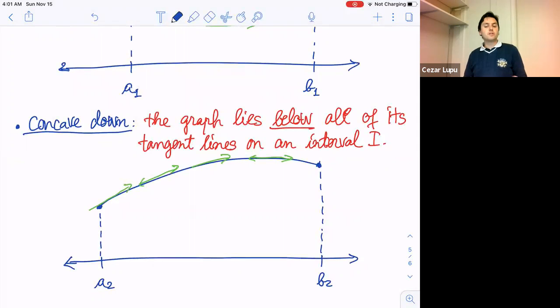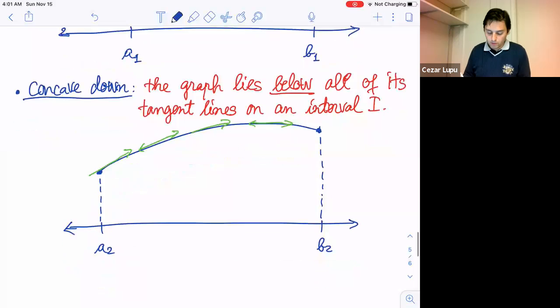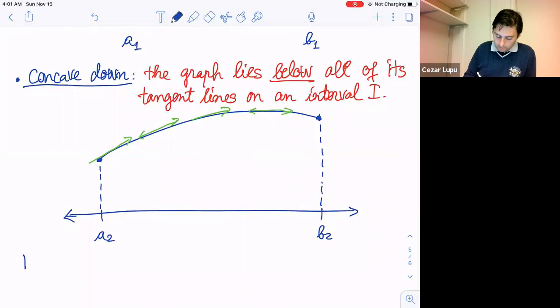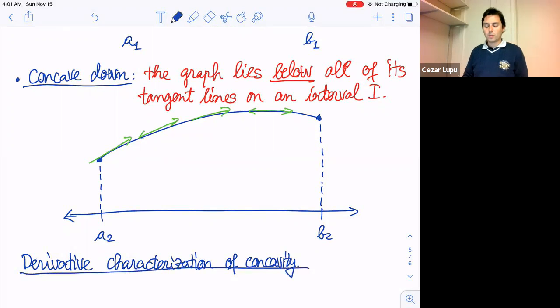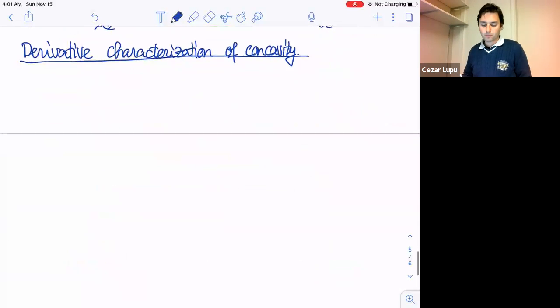And now we would like to see what is the connection between the derivative and concave up and concave down. So the derivative characterization of concavity. So we would like to address this.